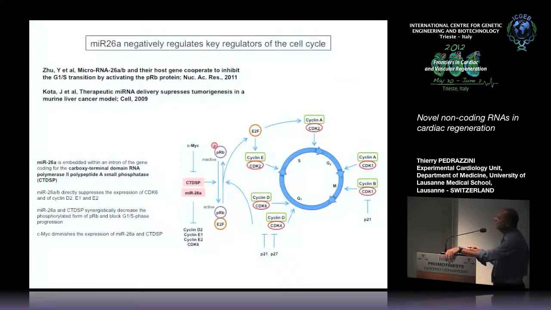It is embedded in a phosphatase that dephosphorylates RB. And together, because it targets important regulators of the cell cycle, it can modulate the whole cell cycle and maybe contribute to the inhibition of the G1 to S transition.